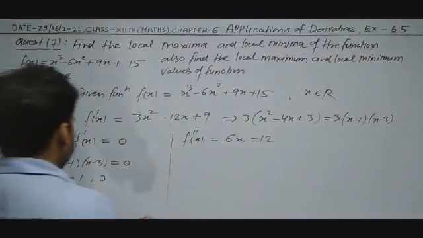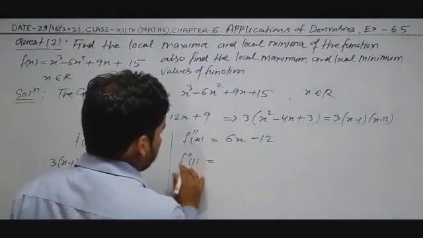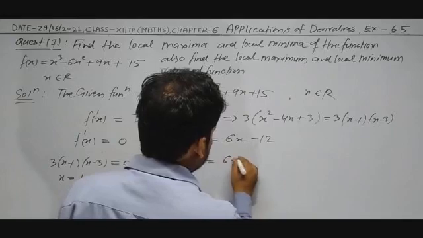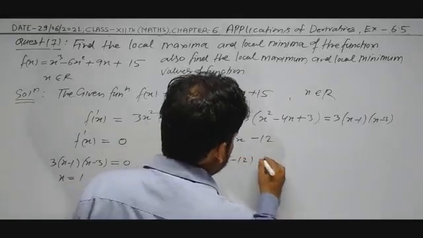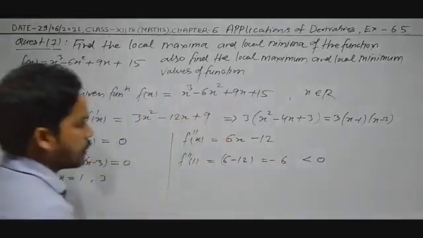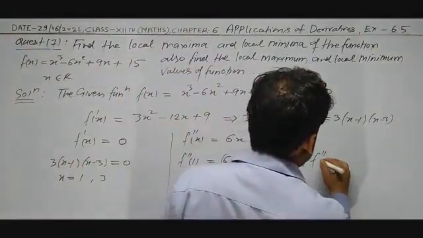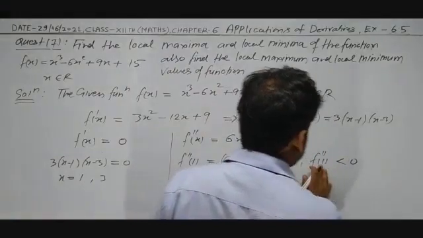First of all, you will check at x is equal to 1. So f double dash 1 result you will get 6 minus 12, result is minus 6. Minus 6 means less than 0, so f double dash 1 is less than 0.